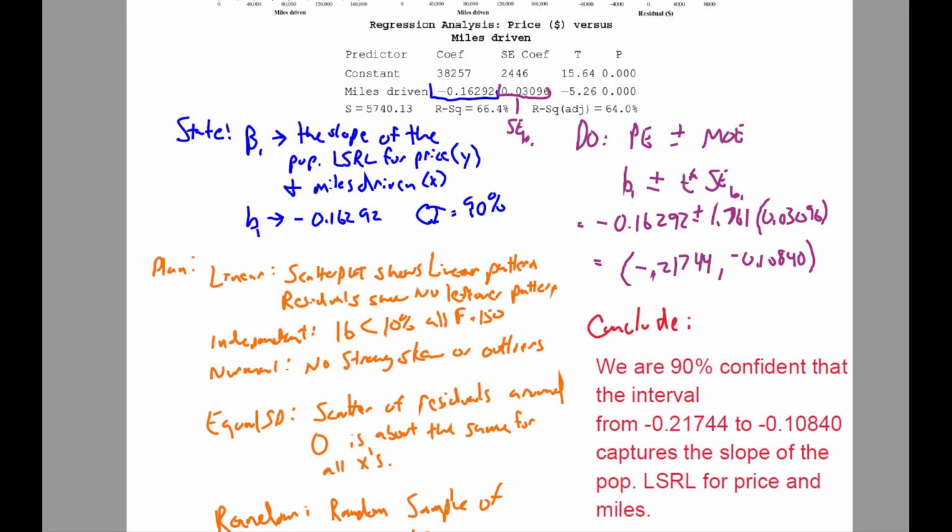All right, so again, we are 90% confident that the interval from negative 0.21744 to negative 0.10840 captures the slope of the population least squares regression line for price and miles of dealing with these Ford F-150s.